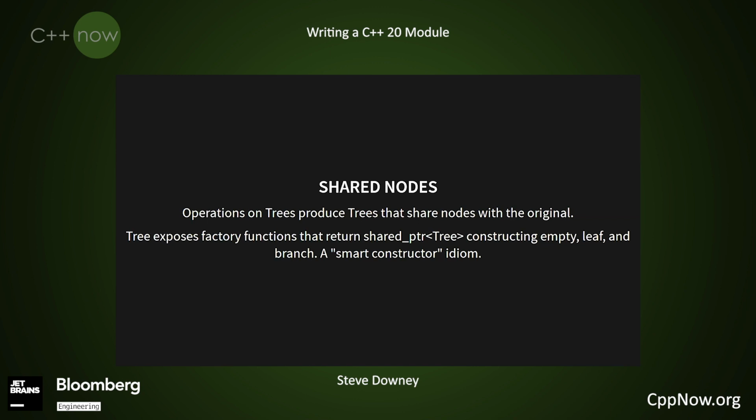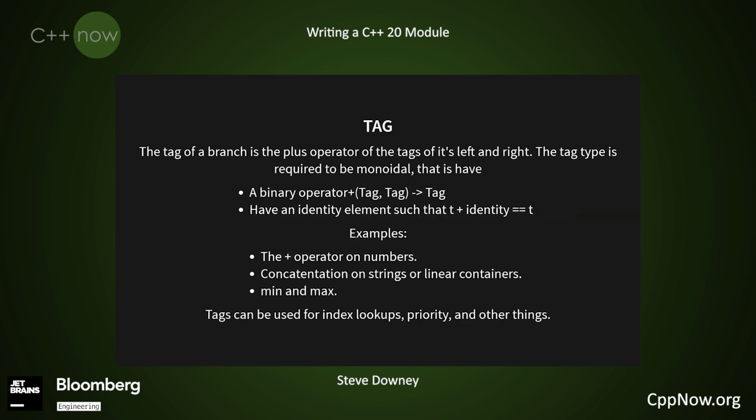One of the pieces from the overall pattern is the tag. A branch's tag is the plus operator of the tags of its left and right. The tag type is monoidal, that is, it must have a binary operator that takes two tags and returns a tag, and has an identity element such that tag plus identity is identical to the original tag.